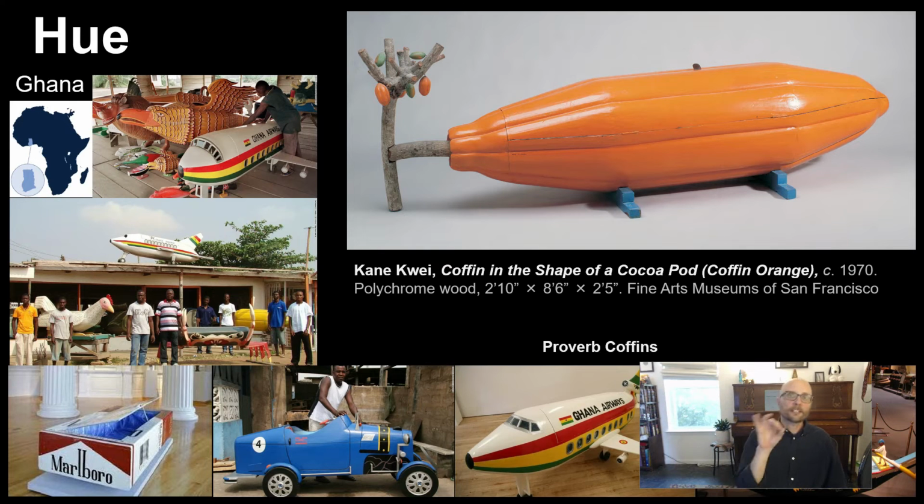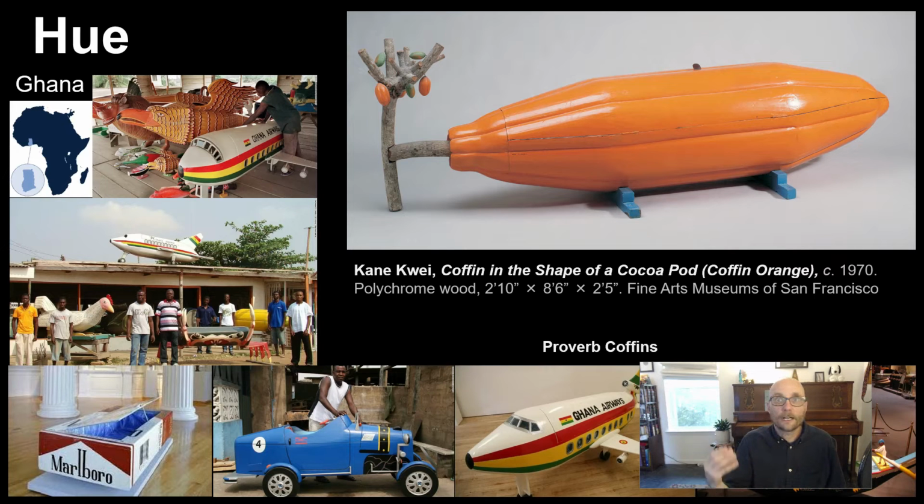These are fascinating. I want to talk about these really briefly. These come from the country of Ghana in West Africa. I actually had a student from Ghana whom I asked about these, only about two semesters ago. There's this tradition, when you die, of having your coffin shaped like a major aspect of your life.